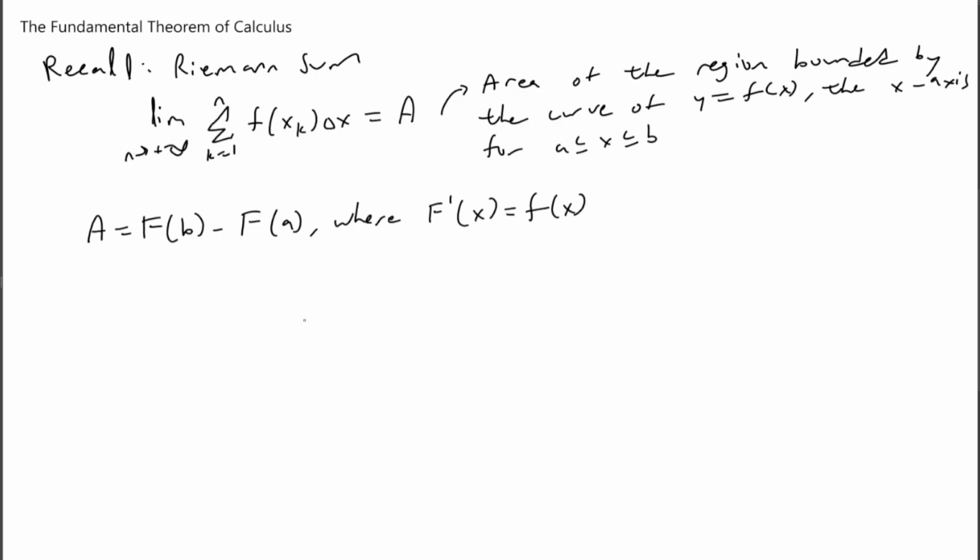So by incorporating integral notation, let us rewrite the Riemann sum here. It is equivalent to the integral on the interval of a to b. That's what that means.